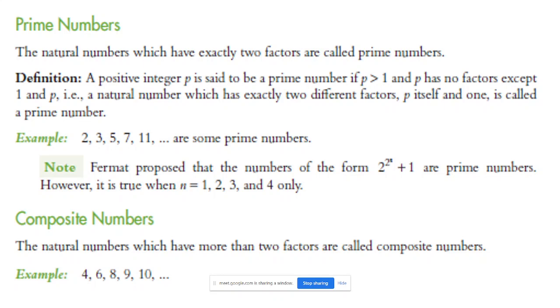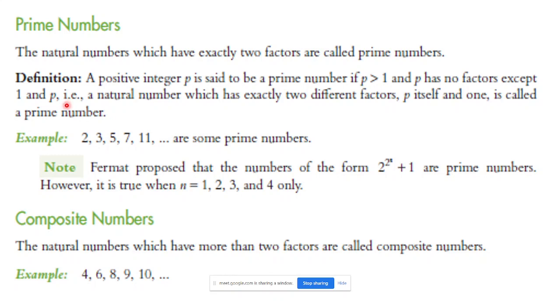See the definition, my dear children. Now the exact definition of prime numbers: a positive integer p is said to be a prime number if p is greater than 1 and p has no factors except 1 and p.